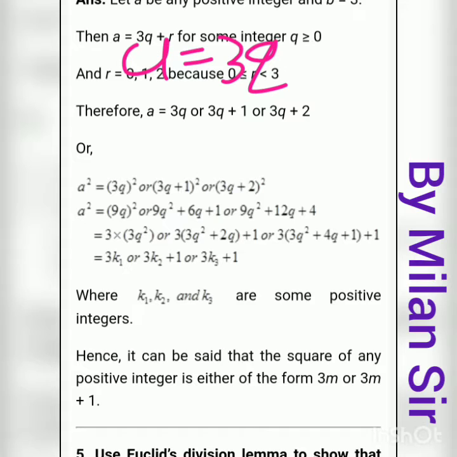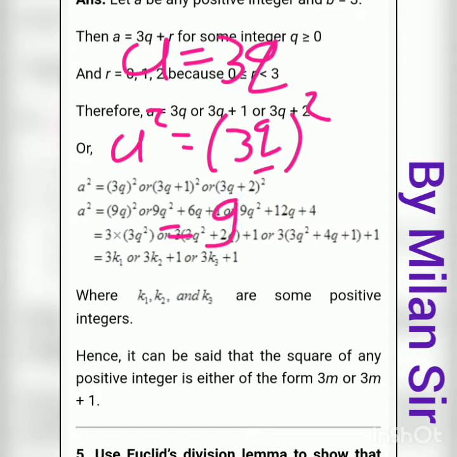Here we need to prove these things for the square of a number, so we need to take the square on both sides. So a square is equal to 3q all squared. Here 3 squared is 9, and q squared is q squared only. Now we need to convert this number into the form of 3m.